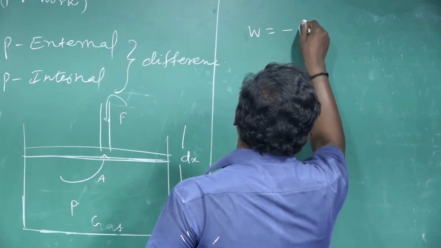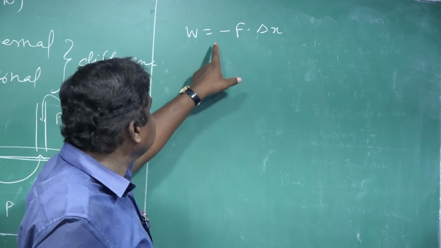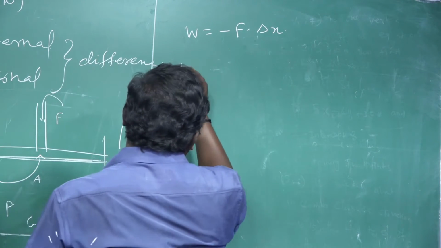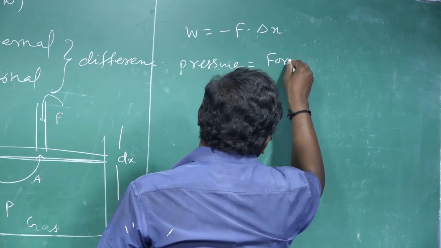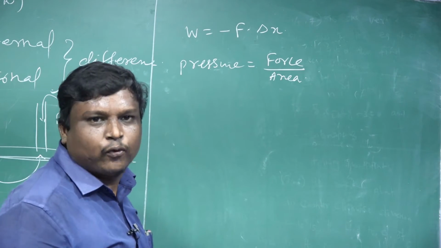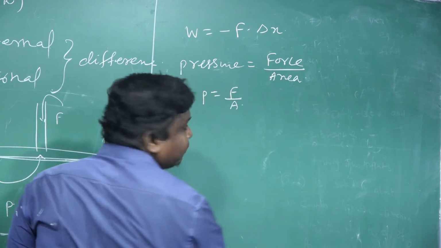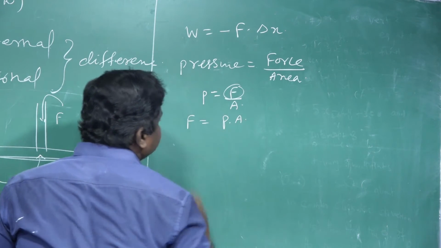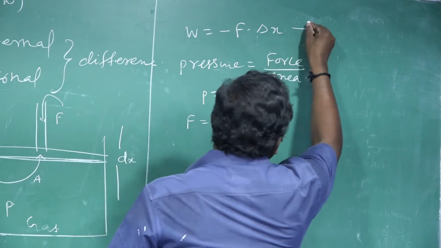W equal to minus F into dx. Work is force times displacement. We know that pressure equals force by area, that is P equal to F by A. I need force, so F equal to P into A. This is equation 1.